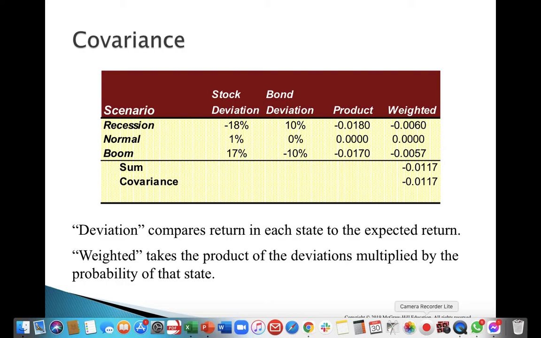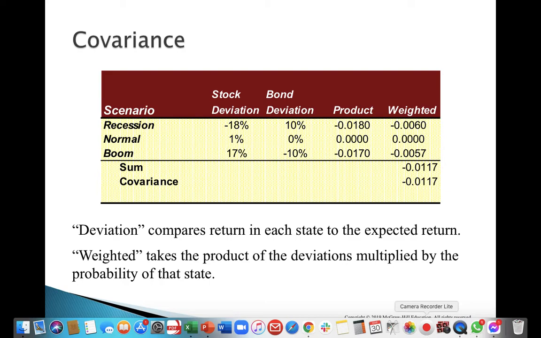Once you get the deviation from stock fund and the deviation from the bond fund, from the expected return, you multiply them. Once you multiply them, it comes to minus 0.0180; 0 multiplied by anything is equal to 0; 17 multiplied by minus 10 is equal to minus 0.0170.